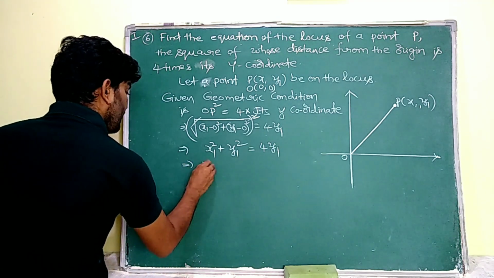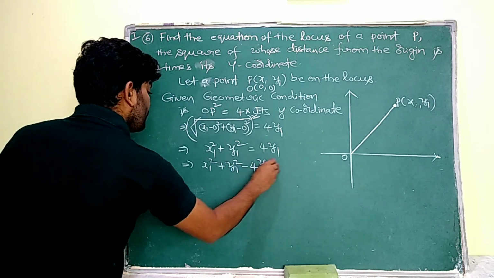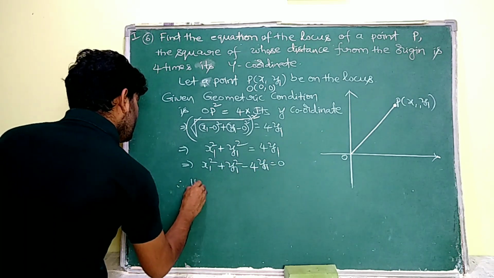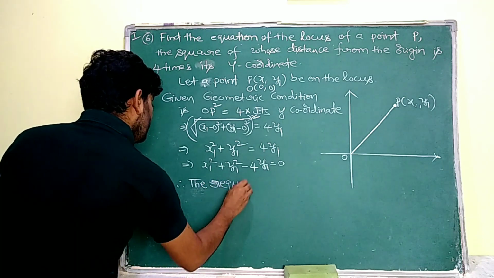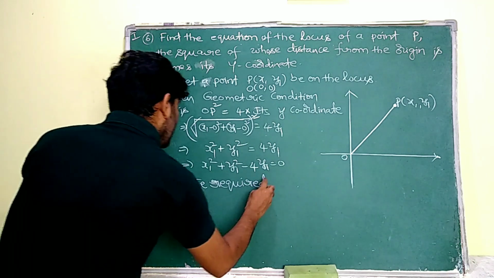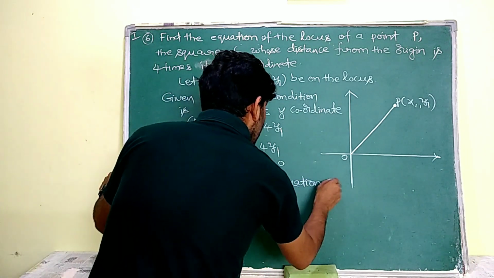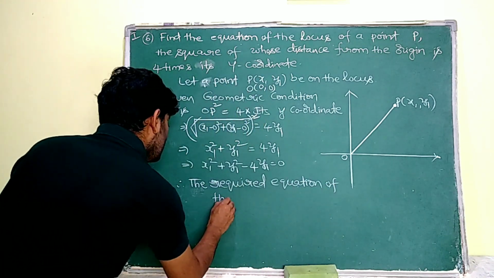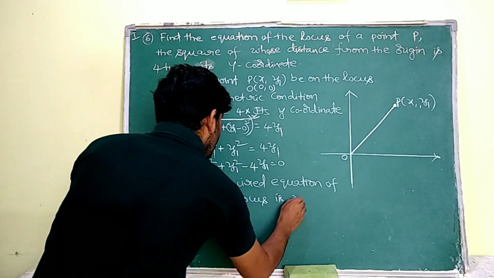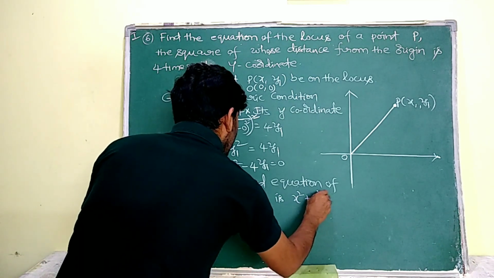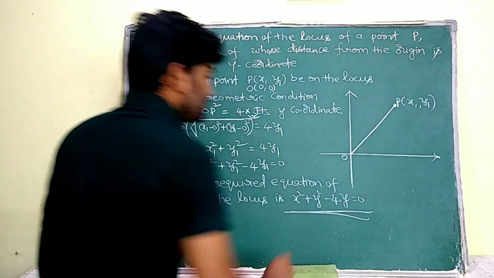That implies x1 square plus y1 square minus 4y1 is equal to 0. Therefore, the required equation of the locus is x square plus y square minus 4y is equal to 0.